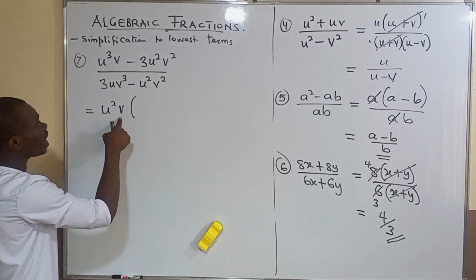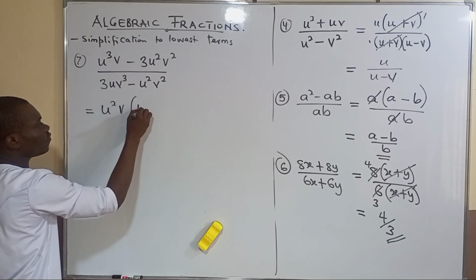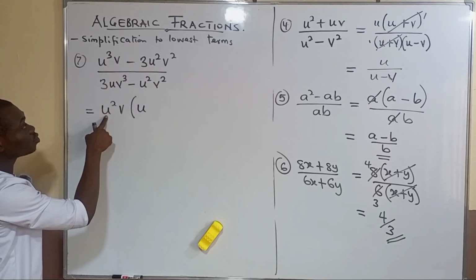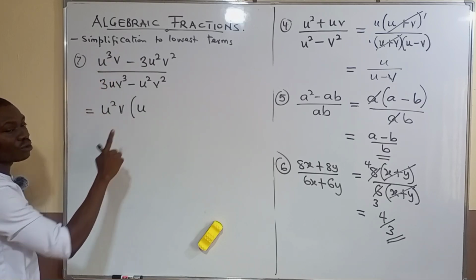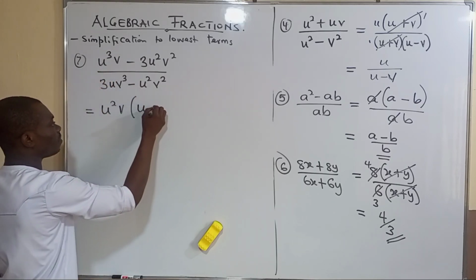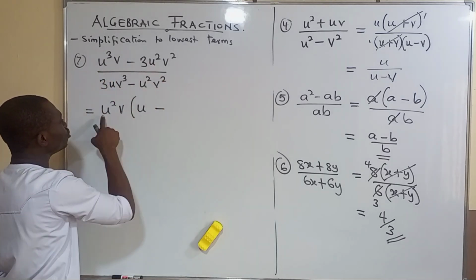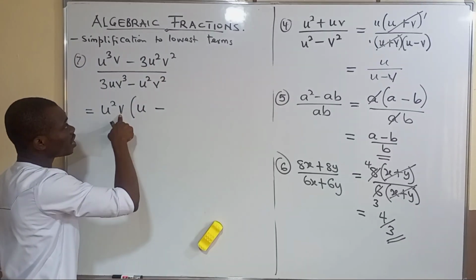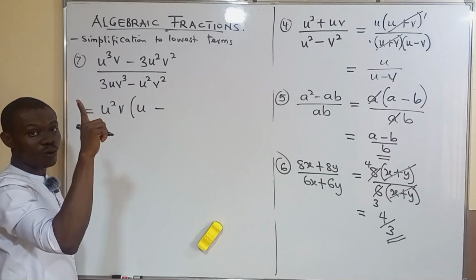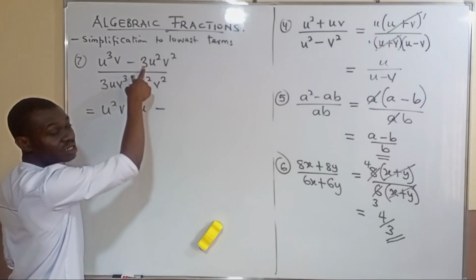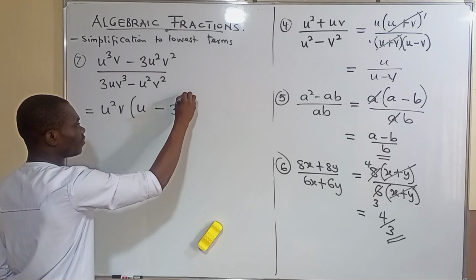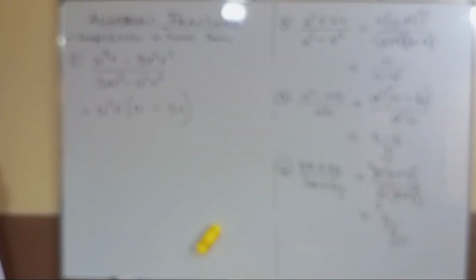So if u squared v divides this, you will have only u left, because v will cancel v, and u squared cancelling u cubed will give you only one u left. Then minus here, u squared cancels u squared, it goes away. V will cancel v squared to remain only one v. Meanwhile, nothing cancels this 3, so I'll bring it down. So this one will remain only one v, and I will close my bracket.